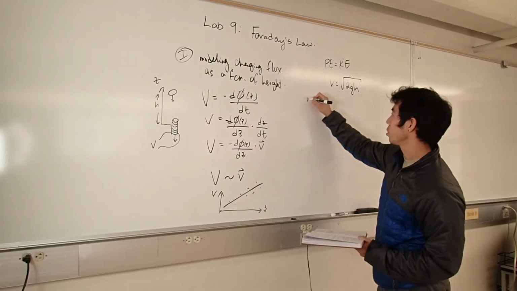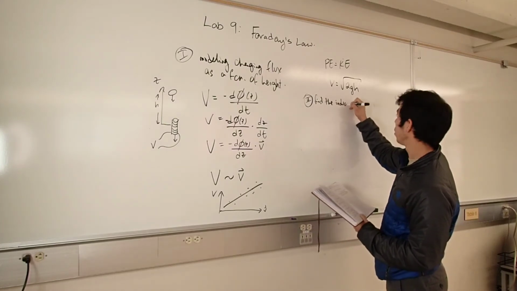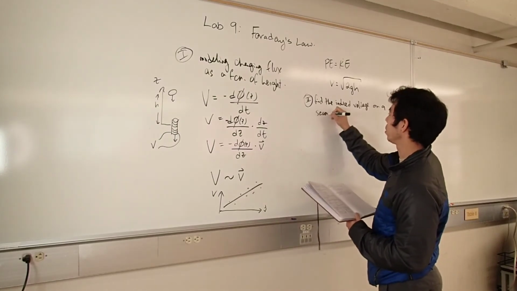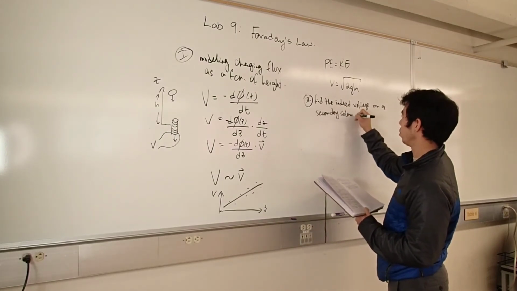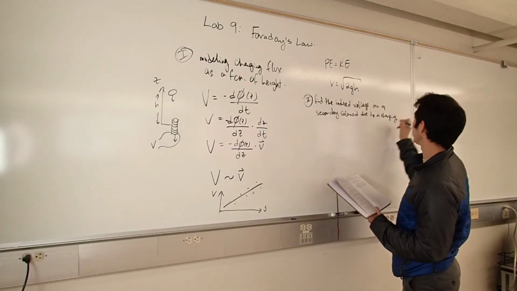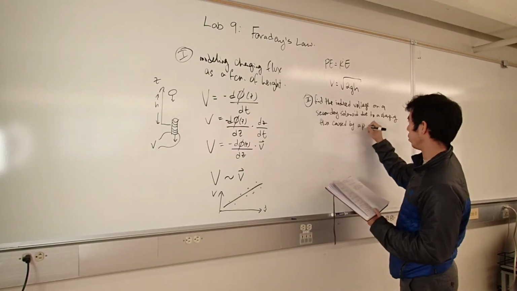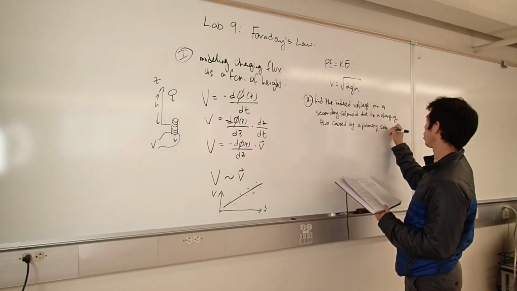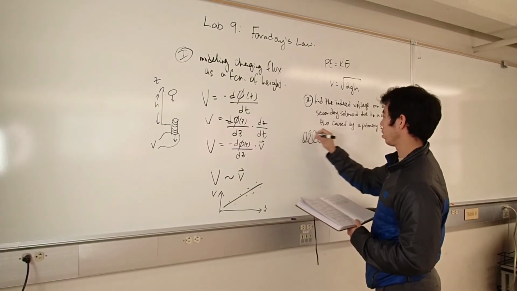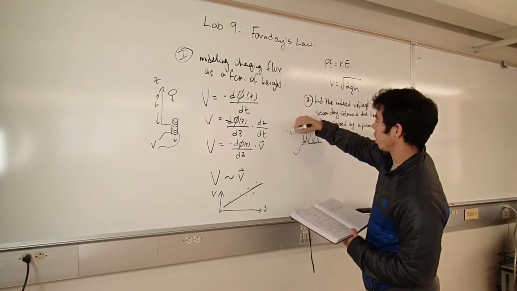Right, so for part 2, we will find the induced voltage on a secondary solenoid due to a changing flux caused by a primary solenoid. So you have one solenoid that will have a signal being input to it.